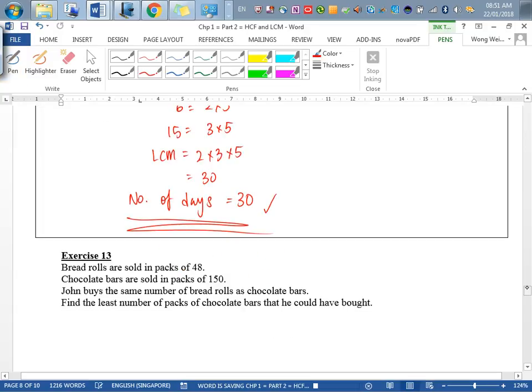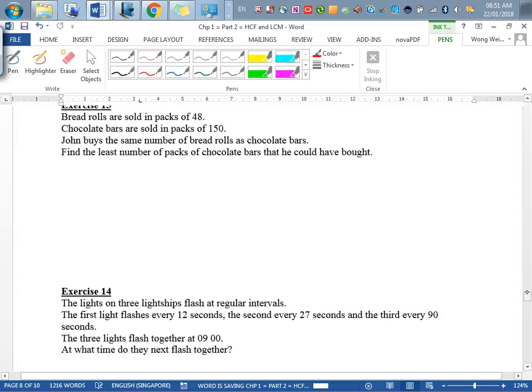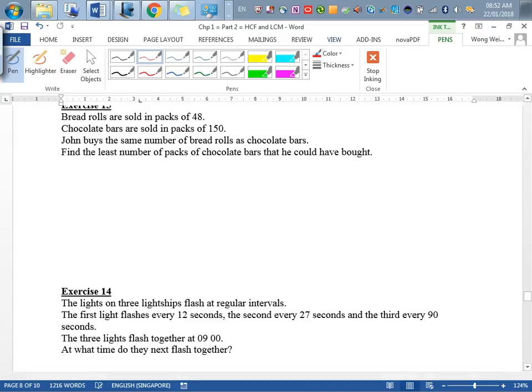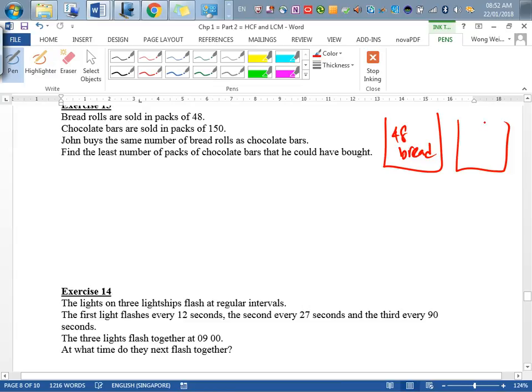Let's move on. Exercise 13. Bread rolls are sold in packs of 48. Chocolate bars in packs of 150. So in one packet we have 48 bread, and in one packet of chocolate we have 150 bars.